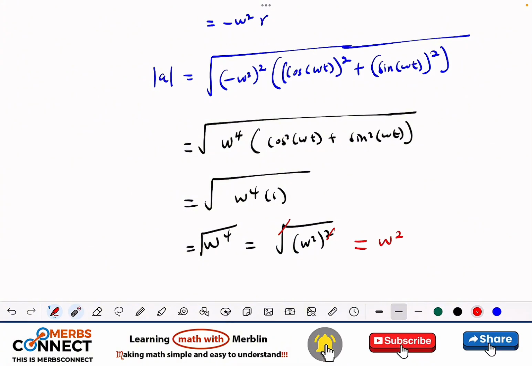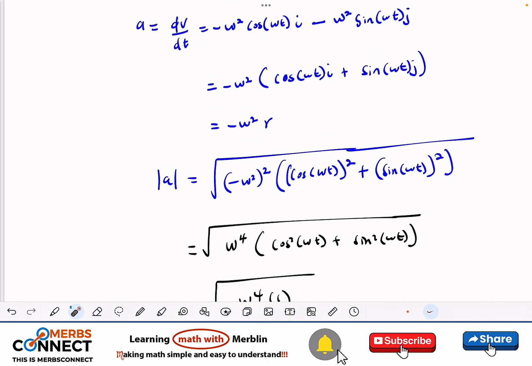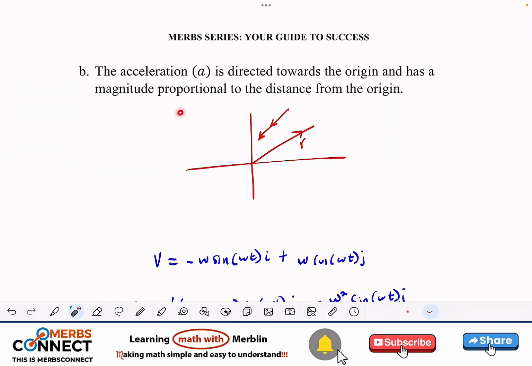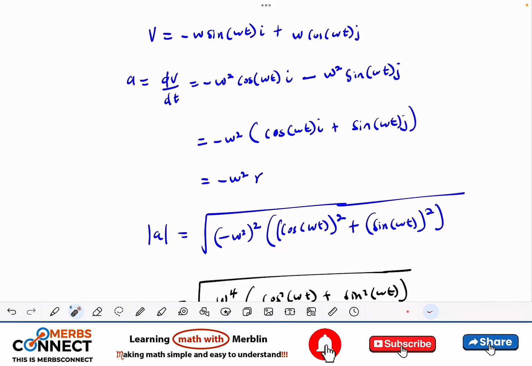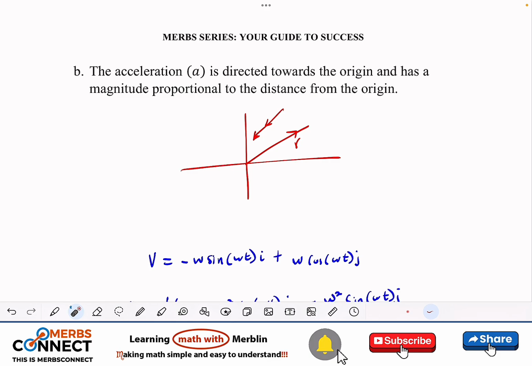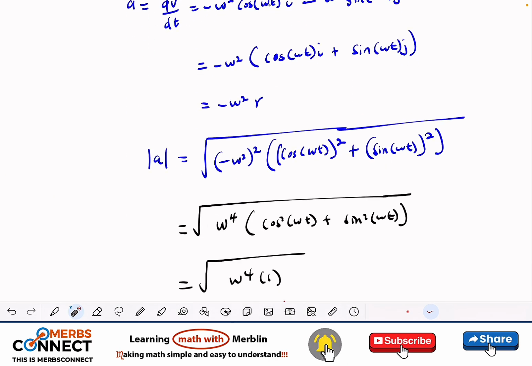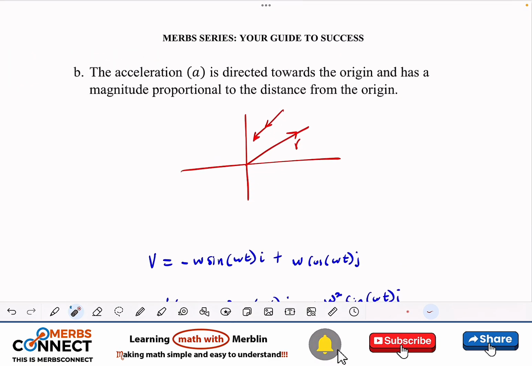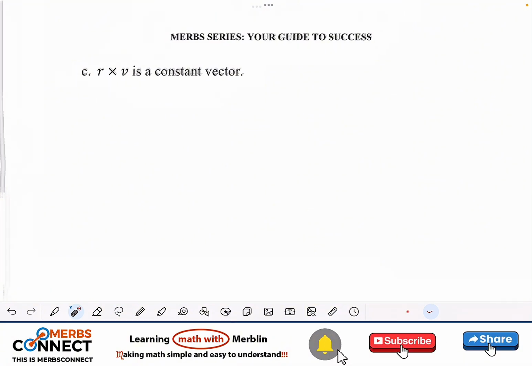So you can see that this is just kind of constant, which is showing the proportion, heading towards the origin of the plane. Good. Let's look at the C.